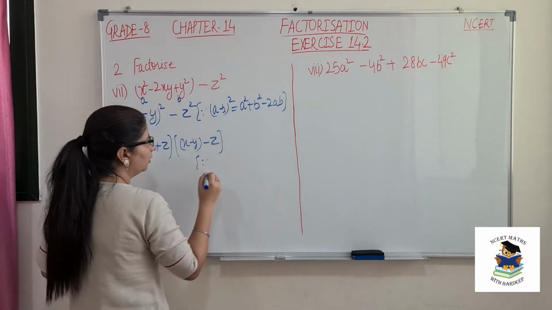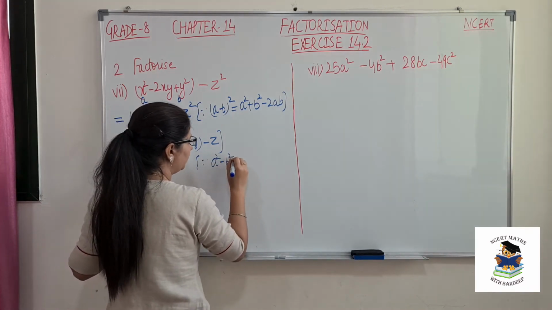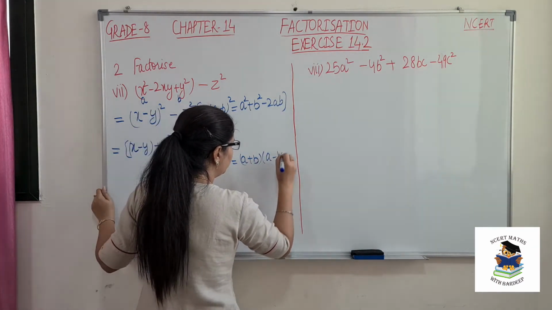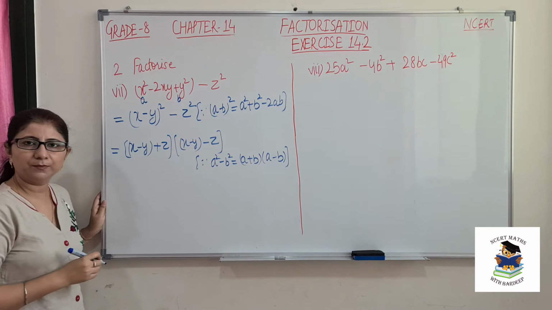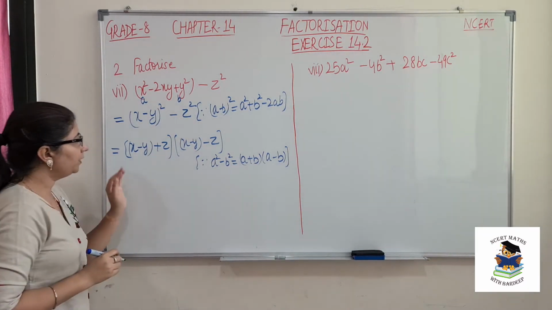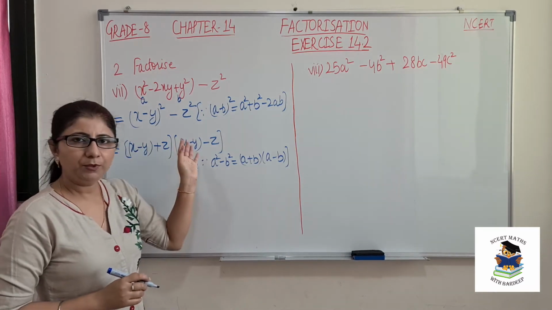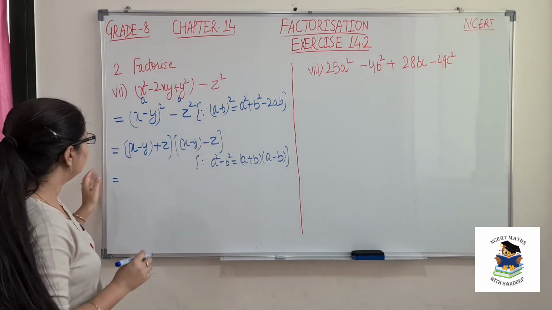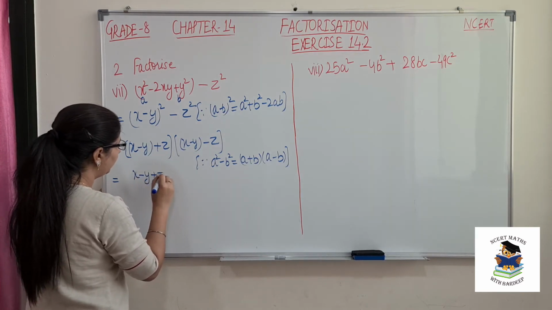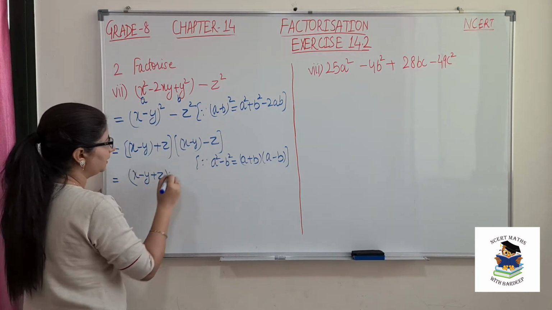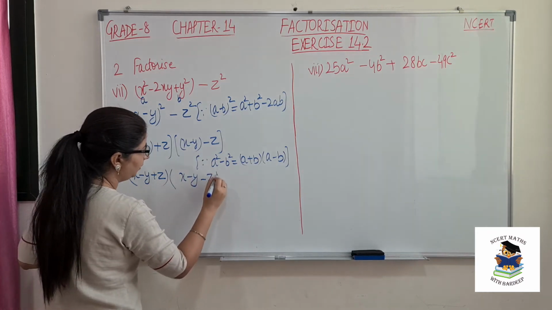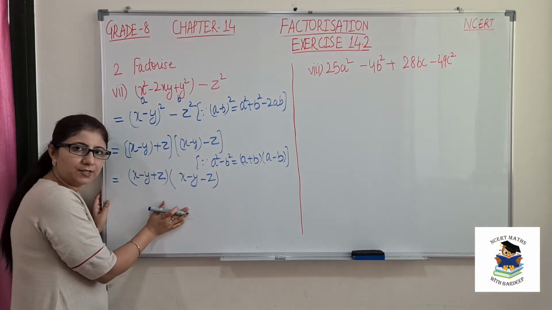Again we say, because a square minus b square is equal to a plus b into a minus b. I hope this step is clear. Now we will open the bracket. It's always better to put brackets because there will be no confusion in changing the signs if required. Okay. So since plus is here, directly we can write x minus y plus z. Here also x minus y minus z, because only one term. So this is our seventh answer.